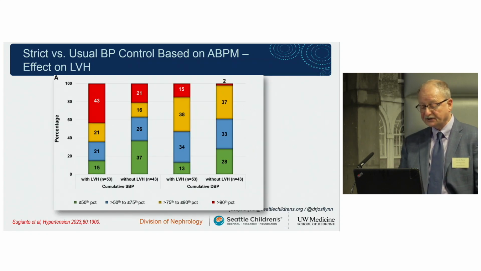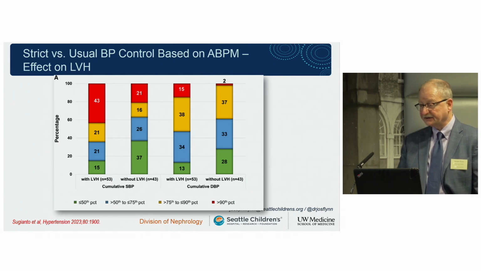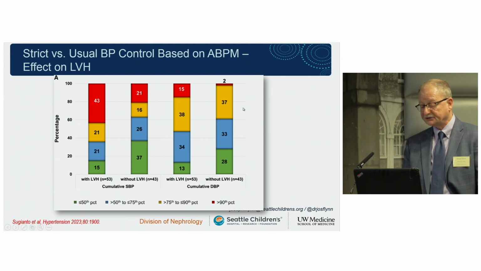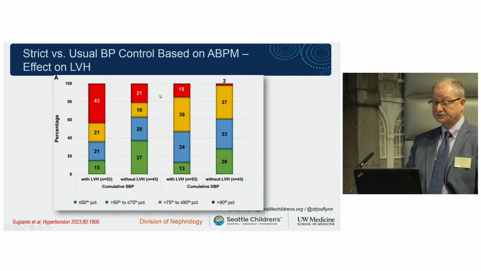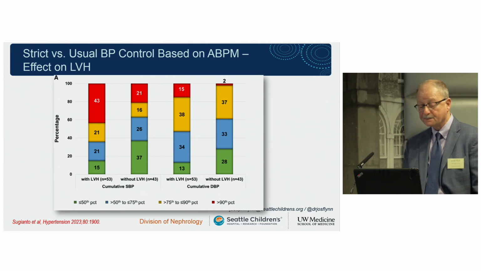They also showed that among those who had LVH, more of them had blood pressure above the 90th percentile, in the red, compared to those without LVH over time: 43% versus 15% for systolic, and 21% versus 2% for diastolic blood pressure.